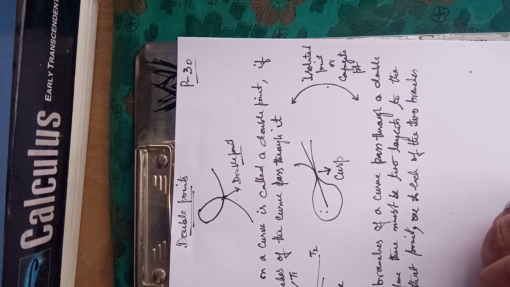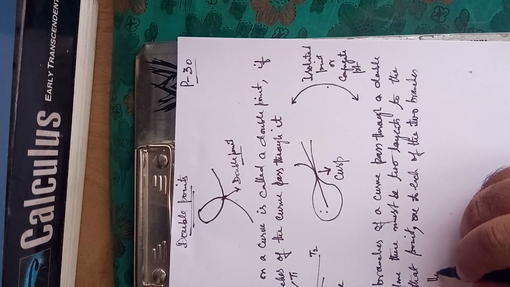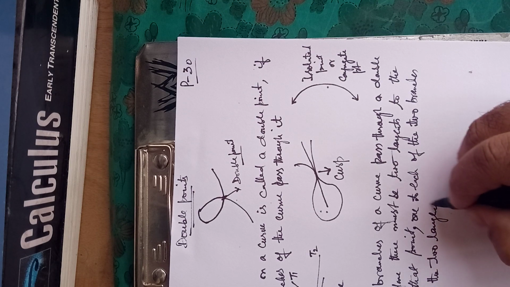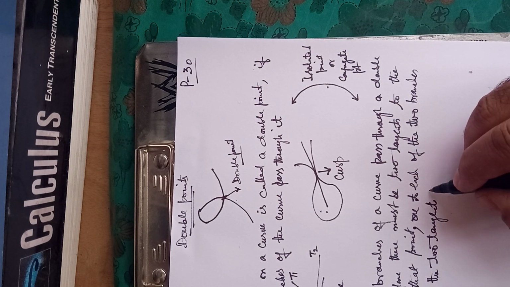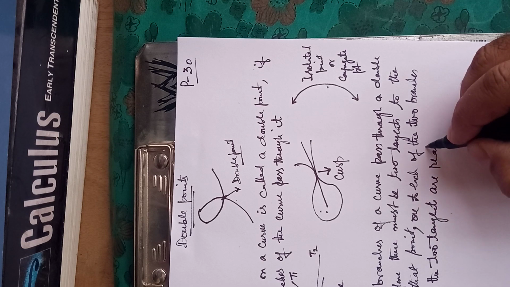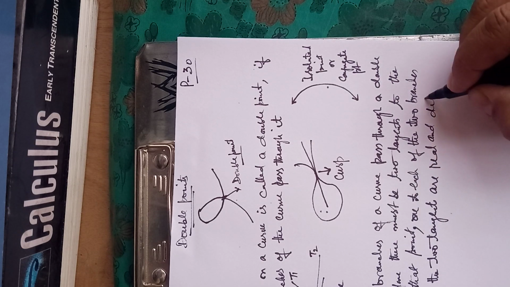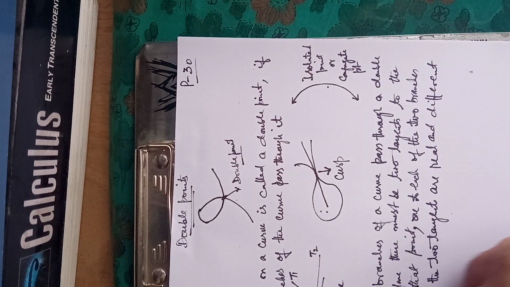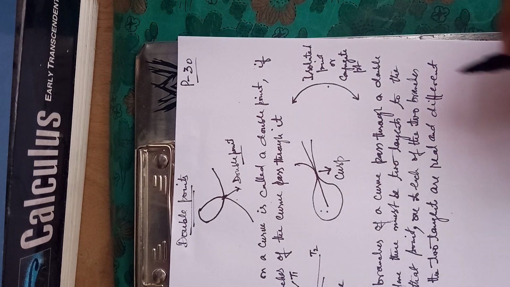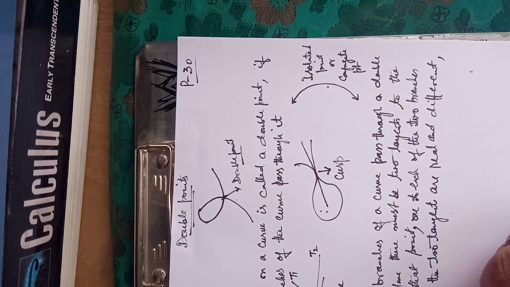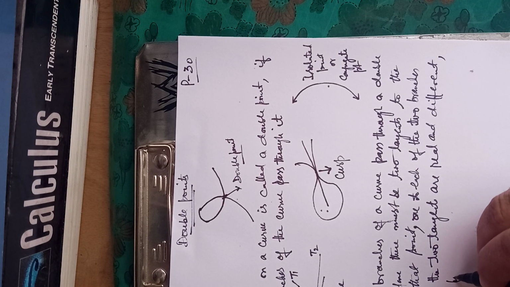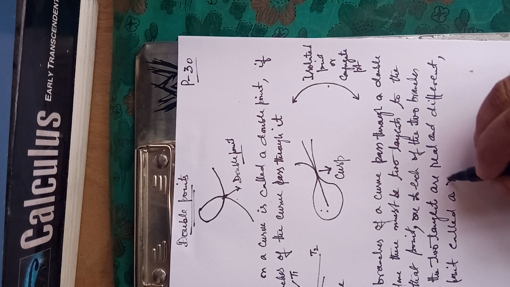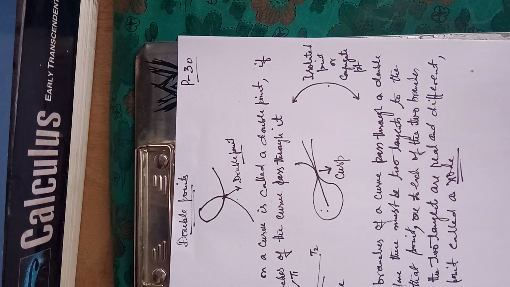Now, this is important. If the two tangents are real and different, just like in this case, the double point is called a node.